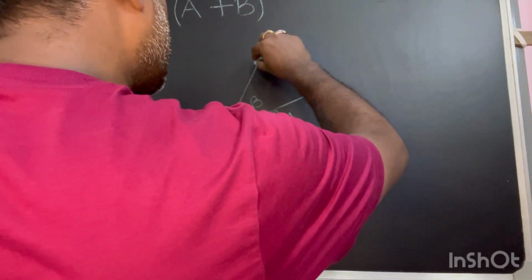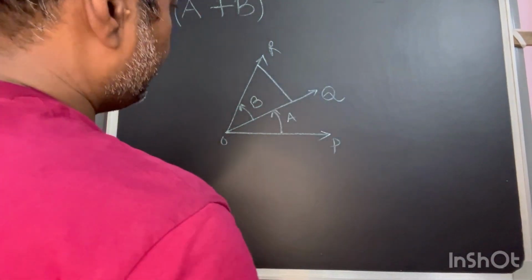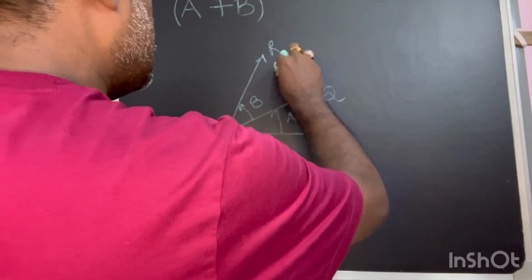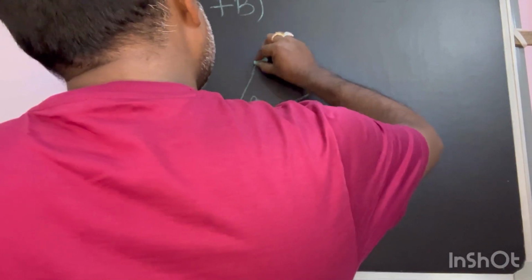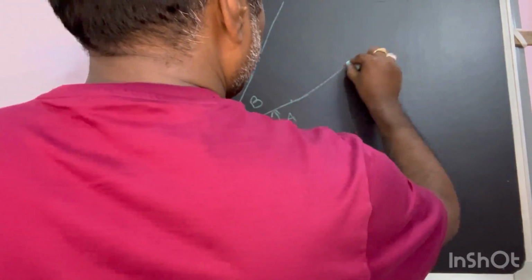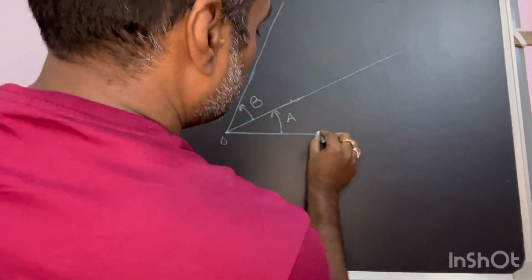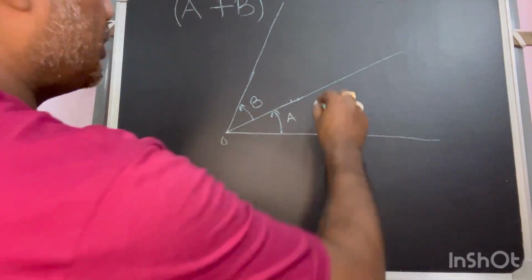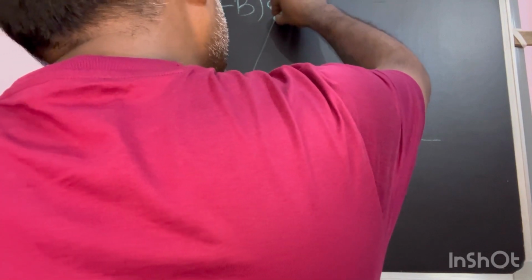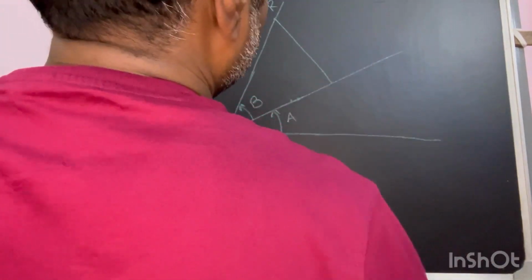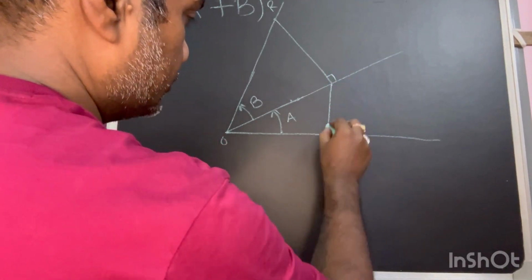Now I will drop a perpendicular onto this. Let me draw it a little bigger so that the drawing can be understood perfectly. This I am extending just to understand the further derivation. So taking any point, what I have taken is R, from there I will drop a perpendicular here. From here I will drop a perpendicular here too.